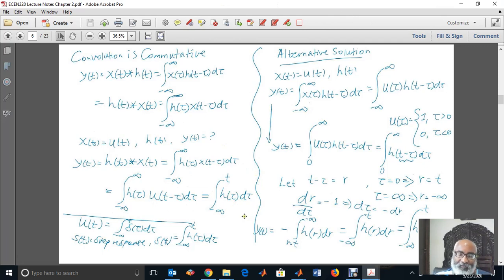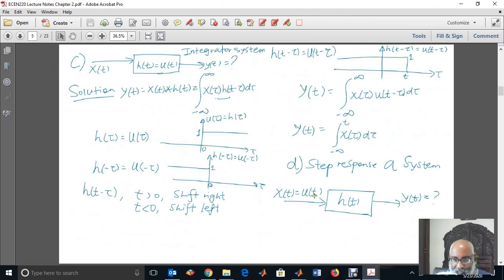Which means if I give a unit step input to the system, then the output will be the integration of the system impulse response. In other words, after I find the output, if I find the derivative of the output, then I will get the impulse response.